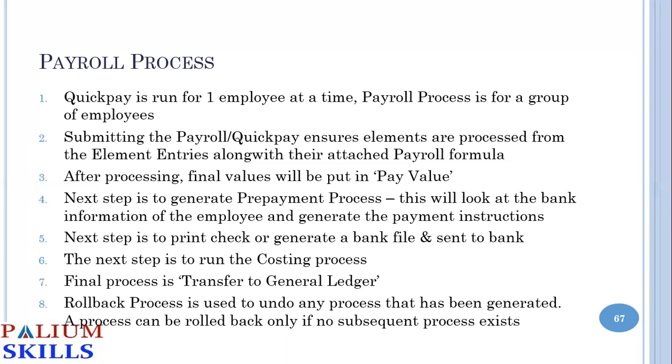That means what? Suppose you ran a quick pay first. Then we ran the prepayment process. Now, if you want to roll back the quick pay, you have to first roll back the prepayment process, because that is the subsequent process.